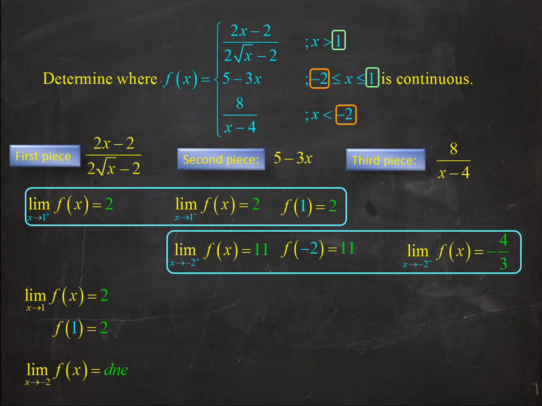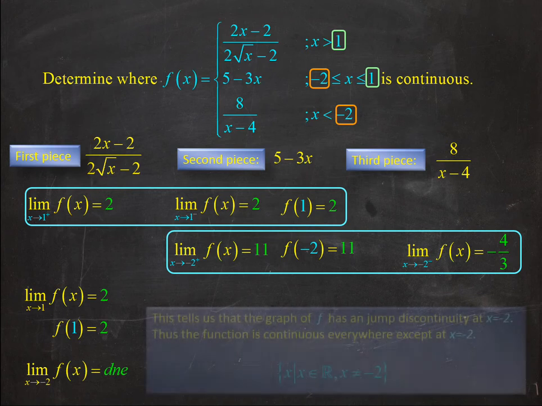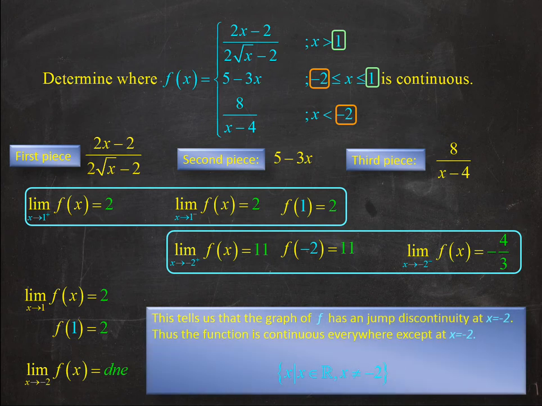The limit as x goes to minus 2 does not exist between the second and third piece. If it doesn't exist, there is a jump discontinuity at this point. So in other words, this piecewise function is continuous everywhere except where x equals minus 2, where the y value jumps from 11 to minus 4/3.